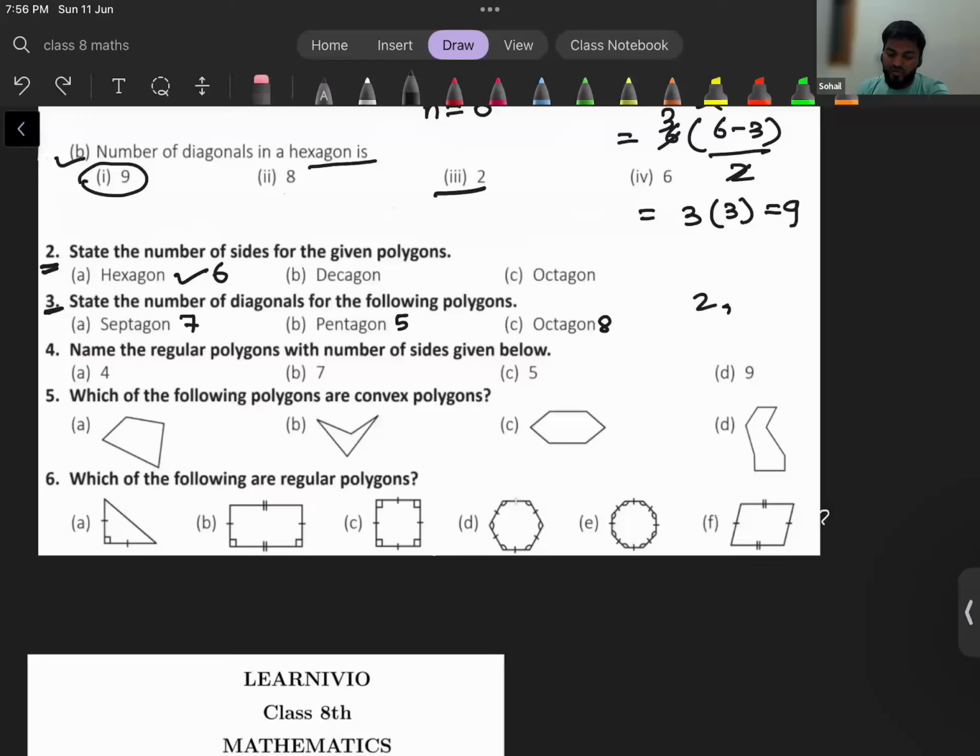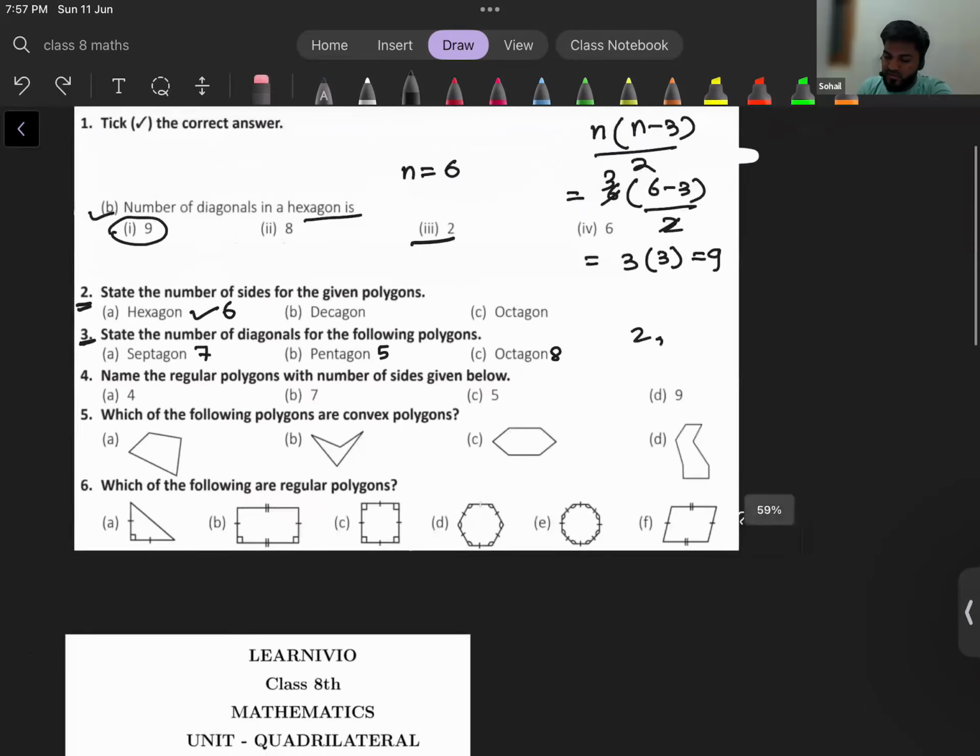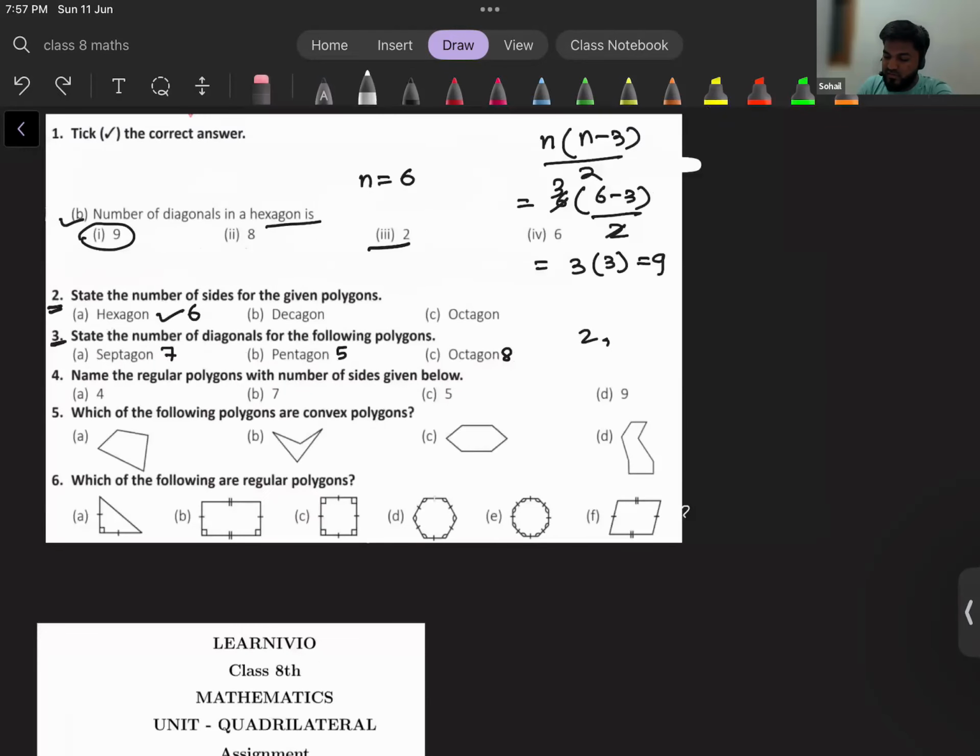Arhan, solve question number 3 also, no? First, Ahmed, for septagon, you have sent the value 28. Here n is 7. 7 multiplied by 7 minus 3, upon 2. So it is 7 multiplied by 4 upon 2.